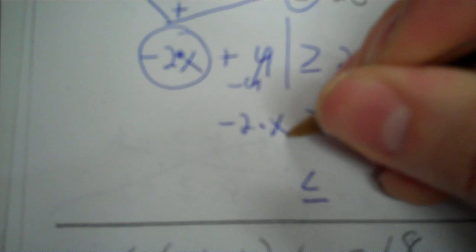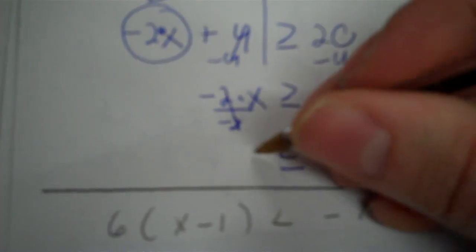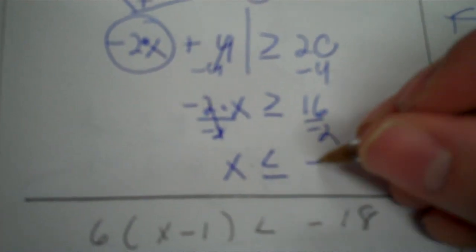So check means we will not change it there, but then the switch means we will change it here. So minus 4, I get 16. Then I divide each side by negative 2, and that's when it changes because we're dividing by a negative on both sides, negative 8. Okay, so you have your negative 8, you circle, you're going to close it, and it's less than, so it would go that way.